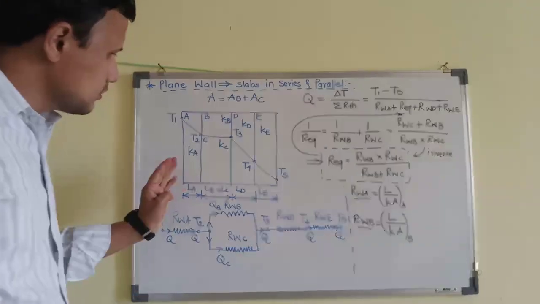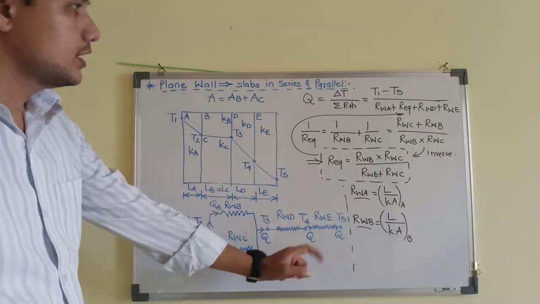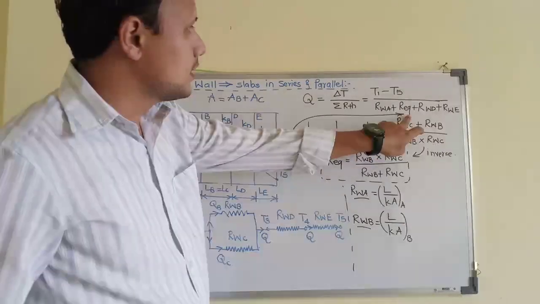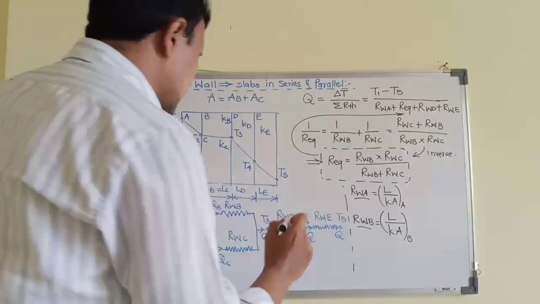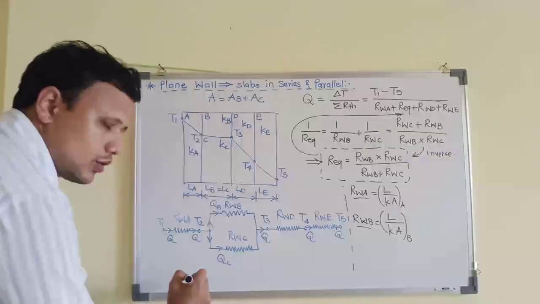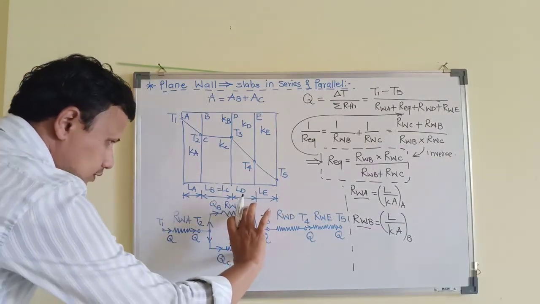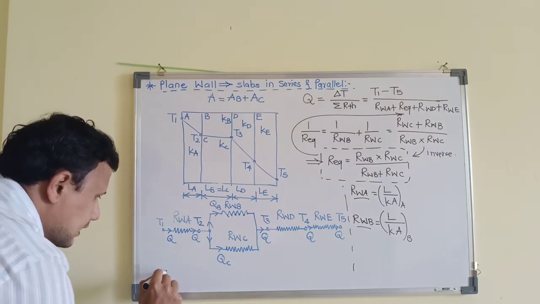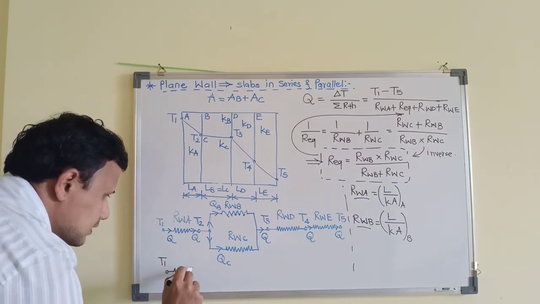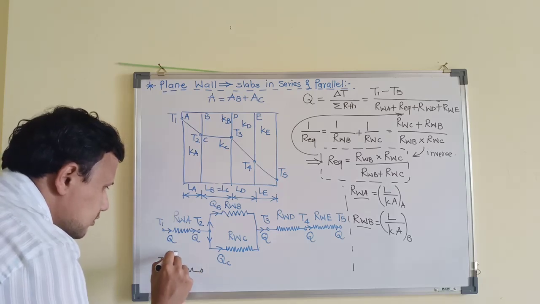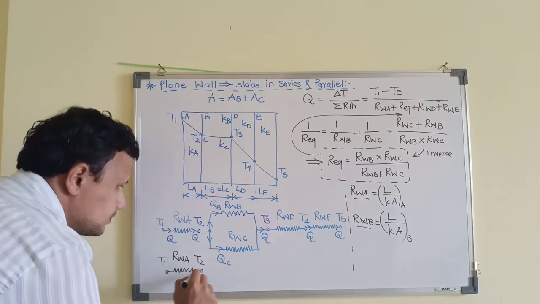Once we have done this exercise, the nature of this circuit automatically changes, because now we observe that R equivalent is in series with all of them. So the circuit looks something like this. We will draw the modified circuit. After the calculation of R equivalent, we get a circuit like this. It will start from T1. There will be the first thermal resistance, R wall A, up to T2.